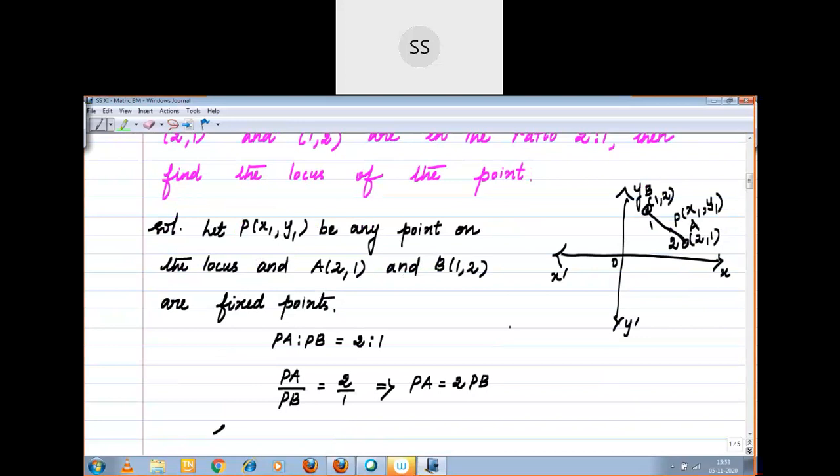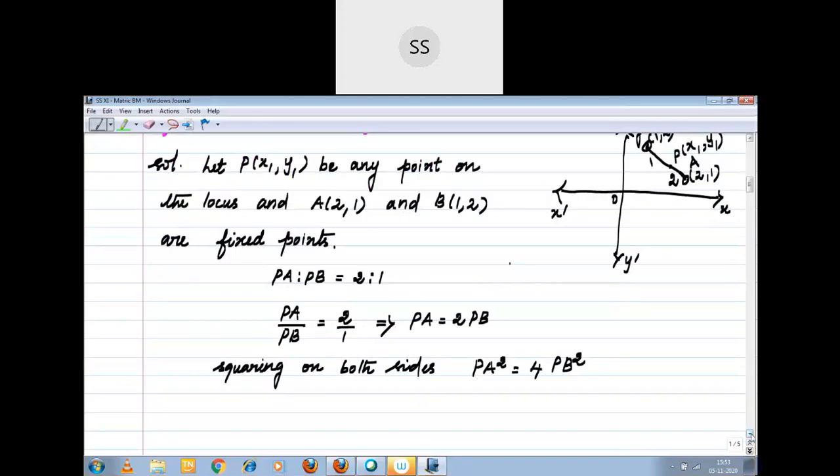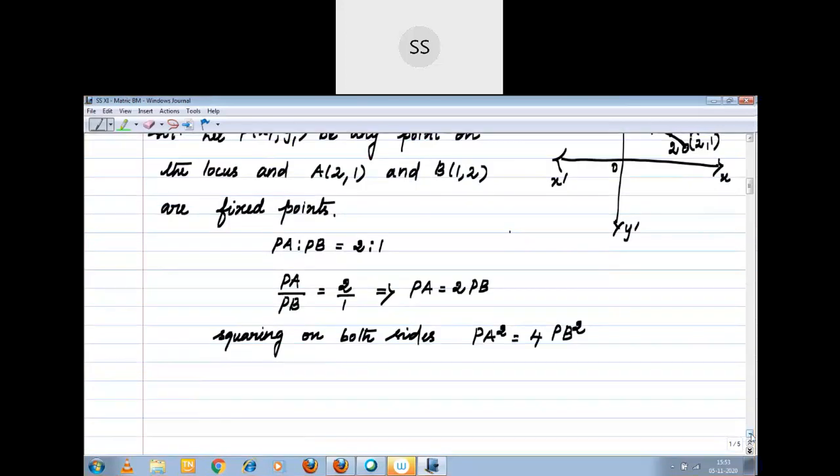Now, squaring on both sides. PA square equals 4 PB square. Here we squared, so you don't need the square root.